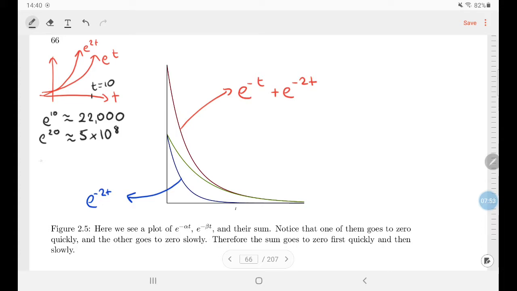Now, if you're comparing e to the minus t versus e to the minus 2t, what does a negative power mean? It means a division. So you're comparing 1 over e to the t versus 1 over e to the 2t.